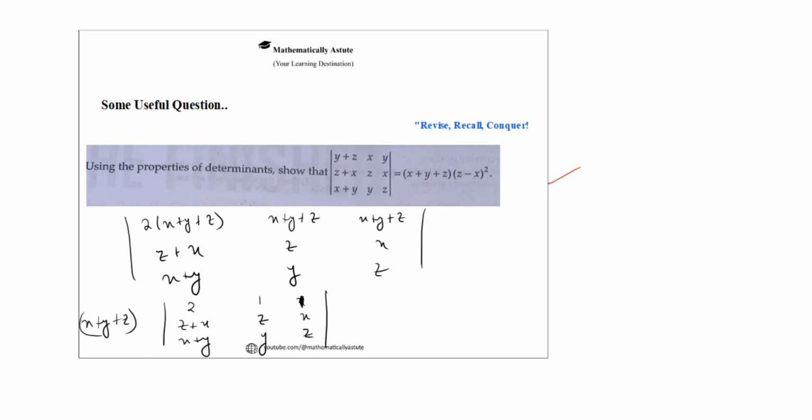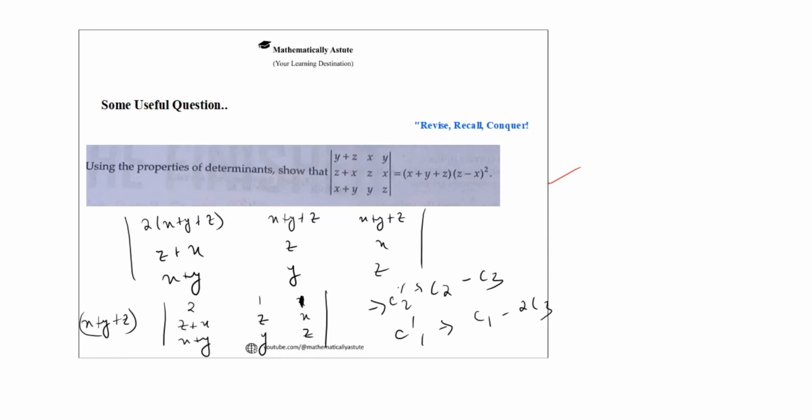Now moving to the next thing, we need to find z minus x. As I can see here, if we subtract c2 and c3, on writing c2 as c2 minus c3, we will get z minus x. And again if we write c1 as c1 minus 2 times c3, we will get z minus x.